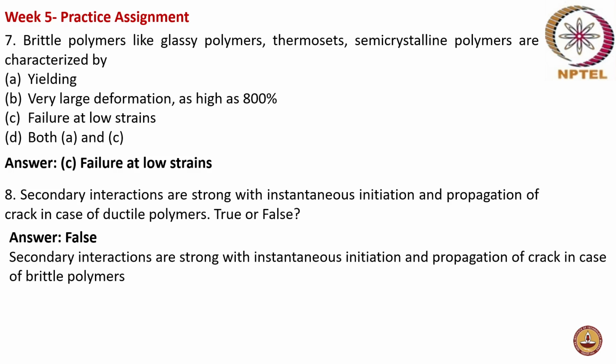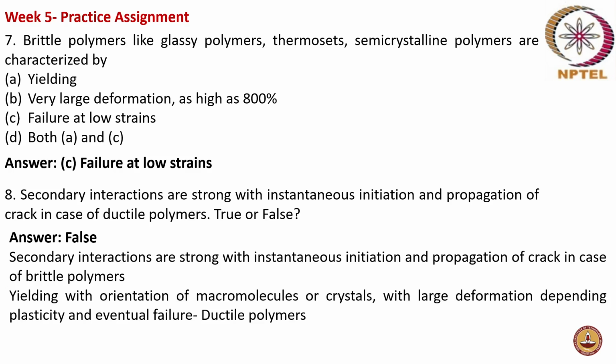The secondary interactions are stronger in the case of brittle polymers, because in brittle polymers the movement is all restricted and their failure is catastrophic, right? So the crack should be instantaneous in brittle polymers. It is not so in ductile polymers, where yielding and orientation happen with large deformation.